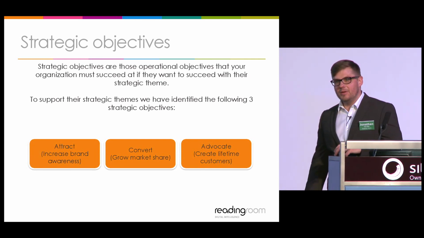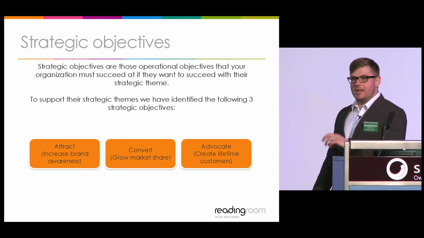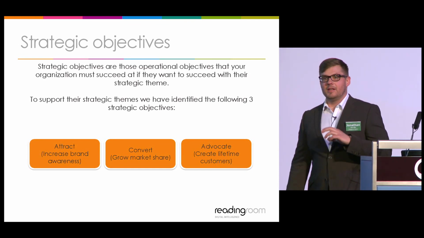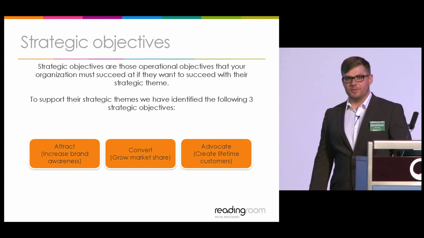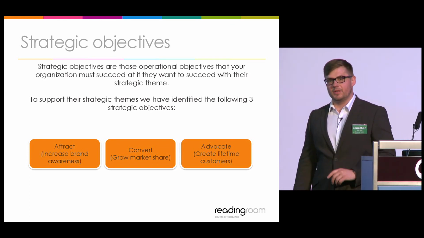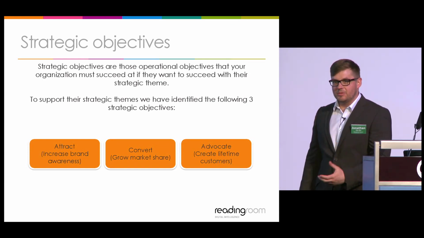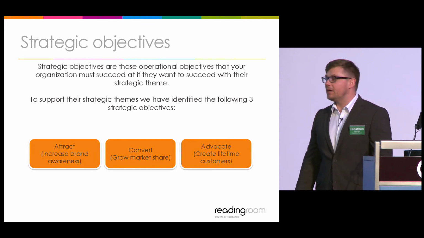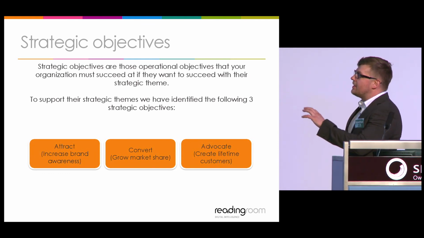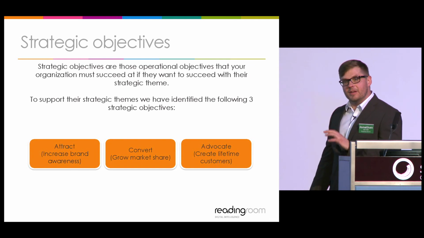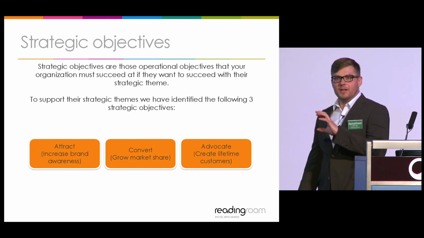And then ultimately, once they have bought from us, we want to create advocates. We want those people to go out and say, you've got to try this Office Core website. It's fantastic. It's got all the products you need, so easy to use, understands what I'm looking for, gives me what I need, when I need it.